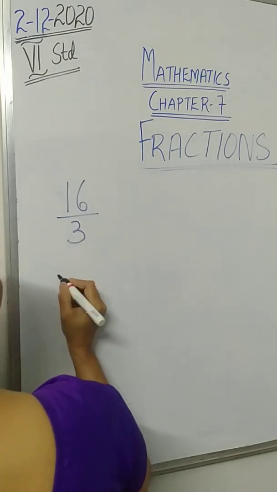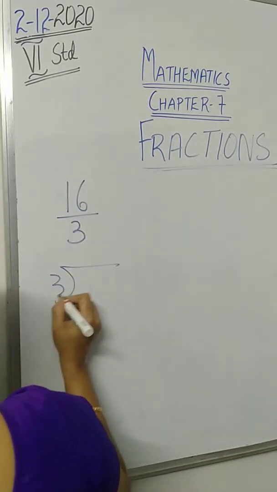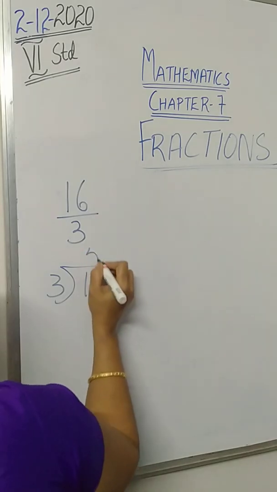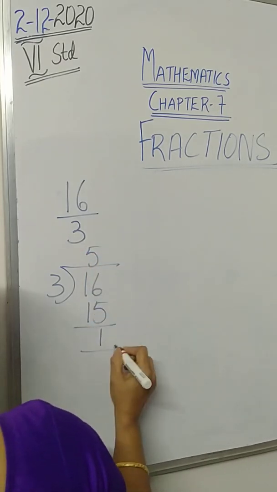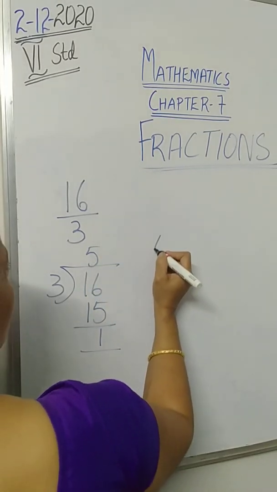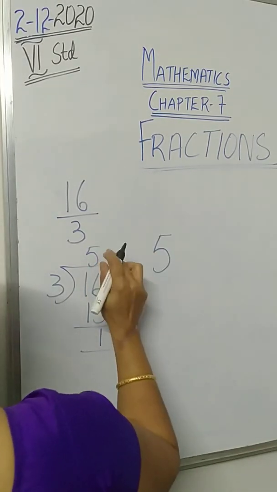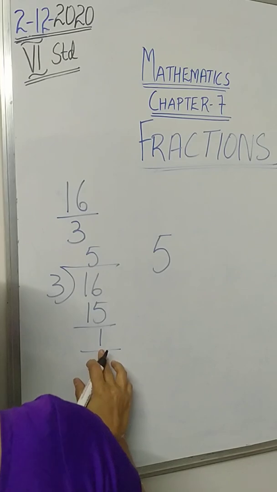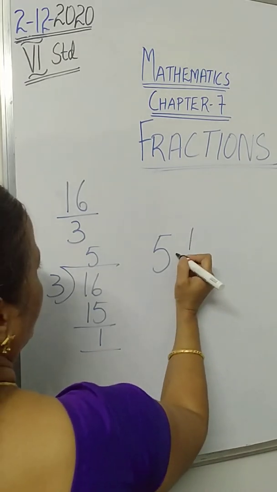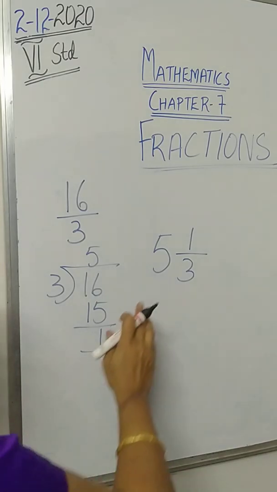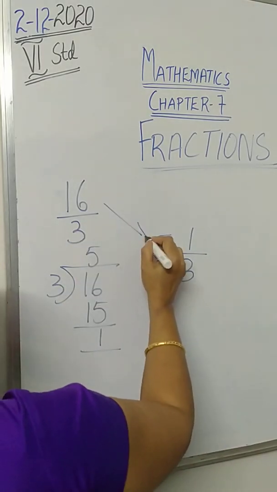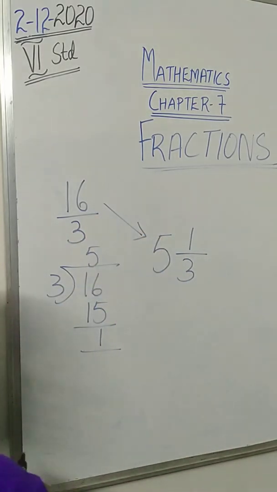So, we'll divide 3 into 16. 3 5s are 15. So, what is remaining? Again, 1 is remaining here. How will you convert it? 5. I told you the quotient what you got is the whole number. The remainder what you got is the numerator. The divisor is this. So, 5 1 by 3 is the converted form of improper to mixed fraction.